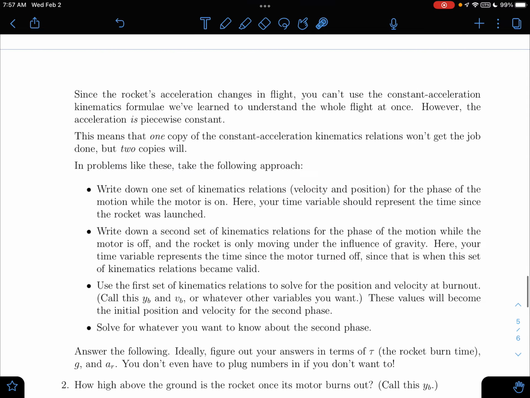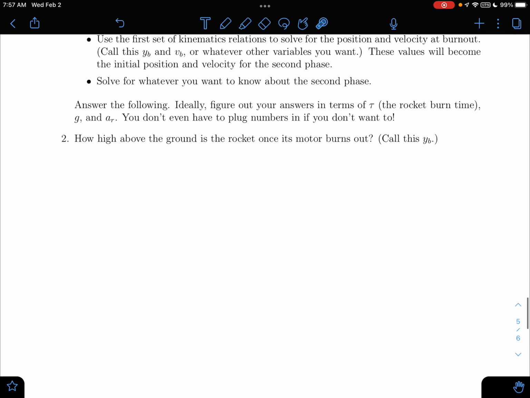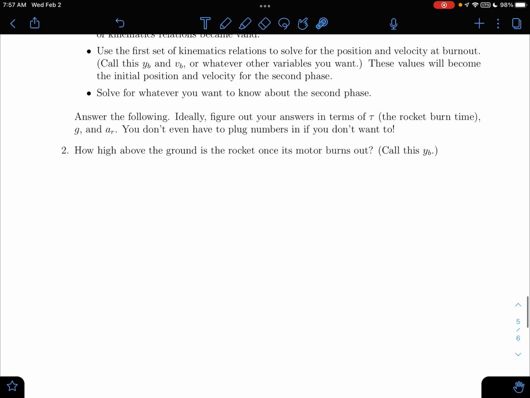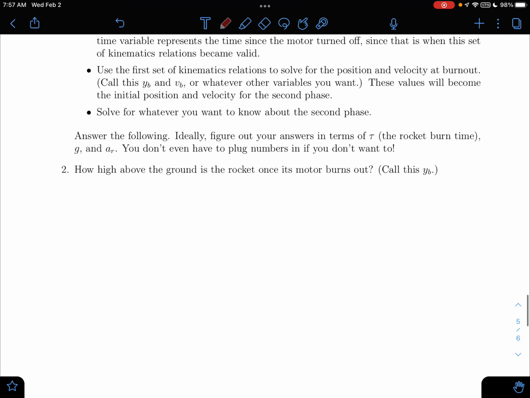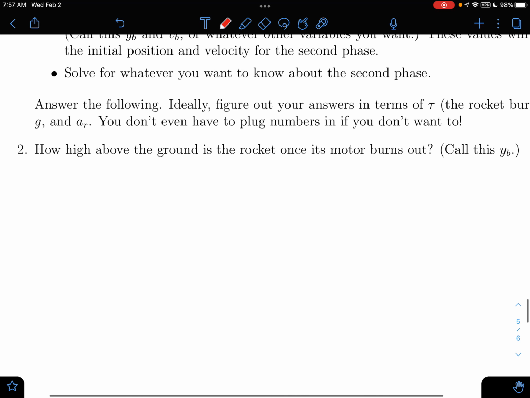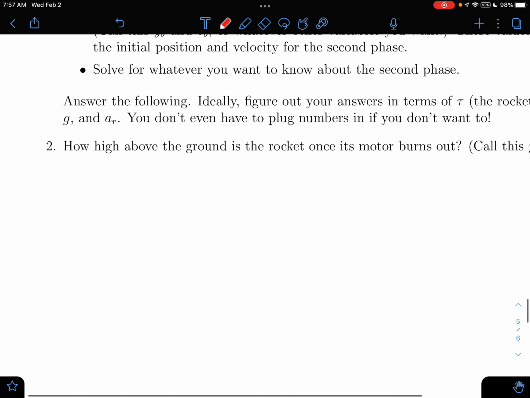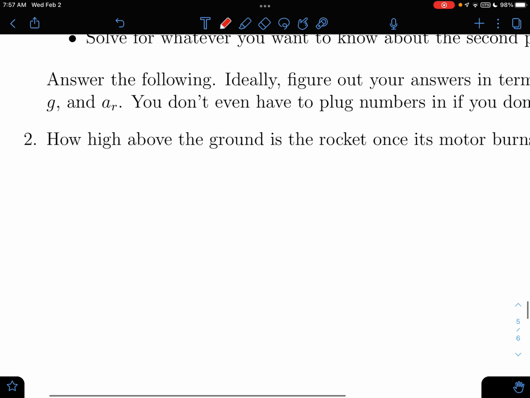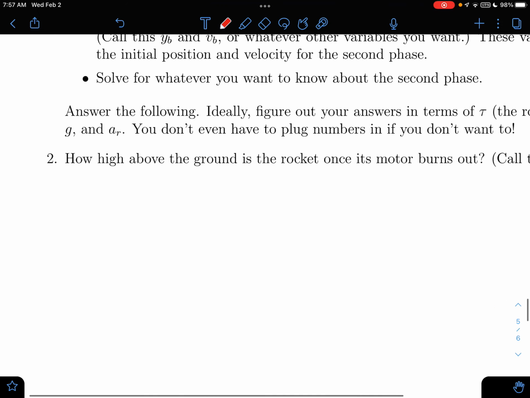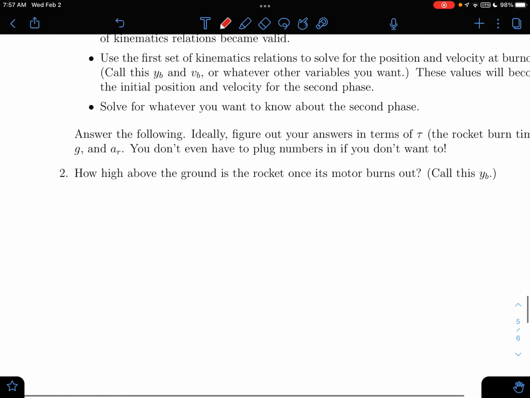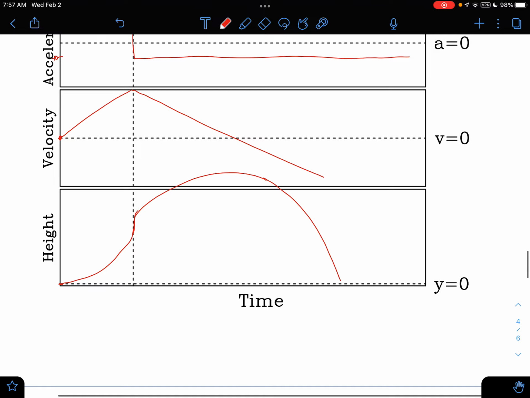So now, how high above the ground is the rocket once the motor burns out? So we're trying to find our position, because this time our position is going to be y, just because it's going up and down. So what is the value of our position at the time when our time changes?